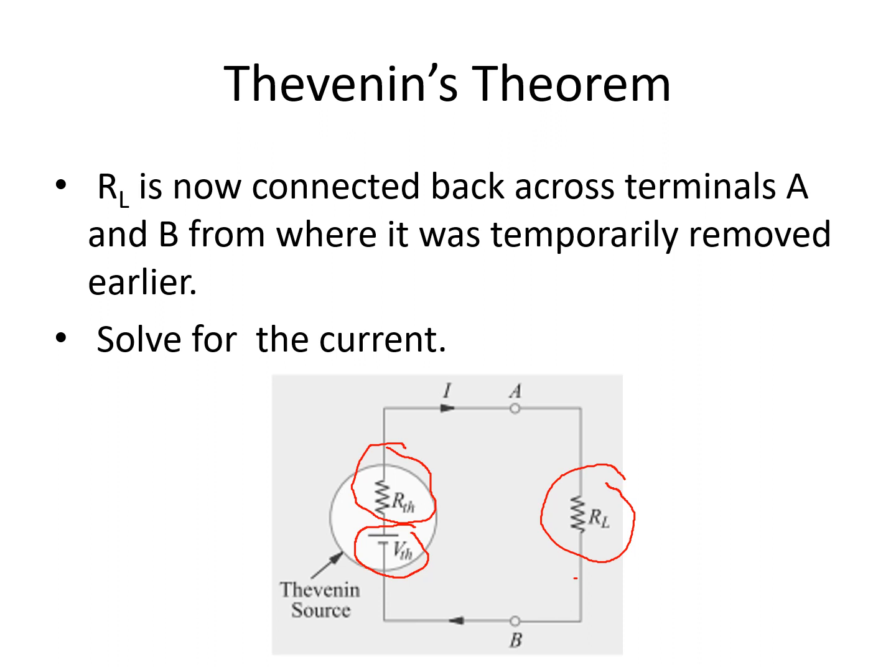If you want to solve for the current, you can just use the formula I is equivalent to VTH divided by RTH plus RL. The VTH and the RTH here are the same as what we computed on the previous slides.